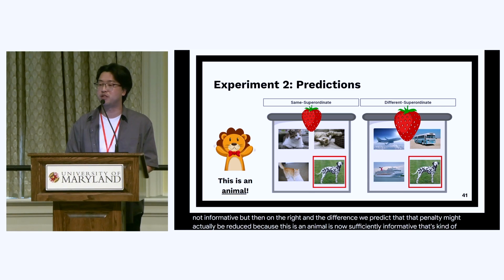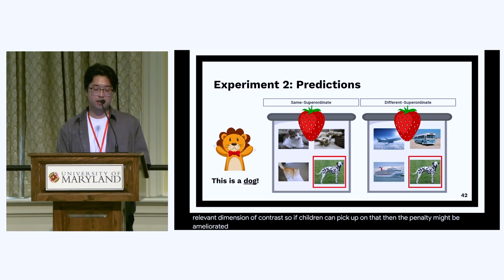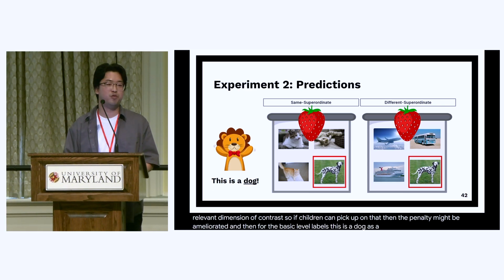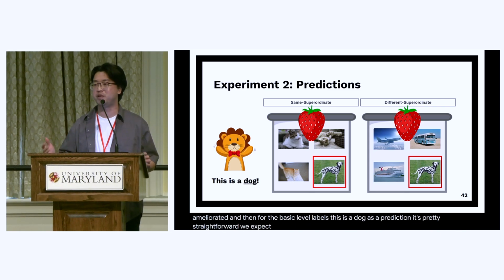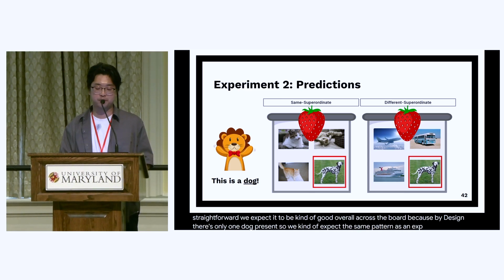That's kind of the relevant dimension of contrast. So if children can pick up on that, then the penalty might be ameliorated. And then for the basic level labels, this is a dog. As a prediction, it's pretty straightforward. We expect it to be kind of good overall across the board because by design, there's only one dog present. So we kind of expect the same pattern as in experiment 1.